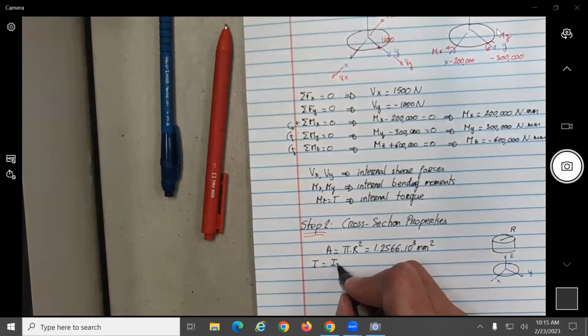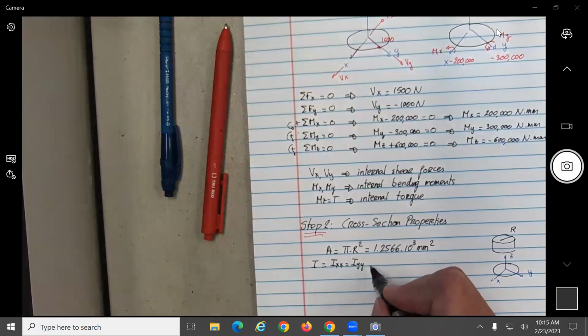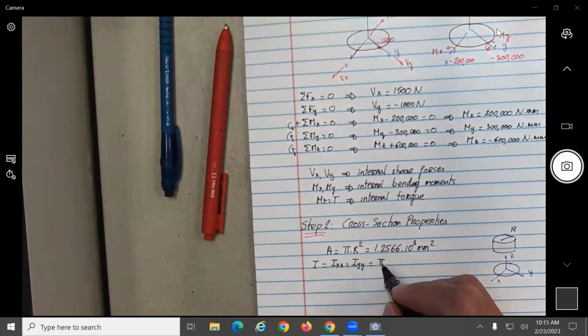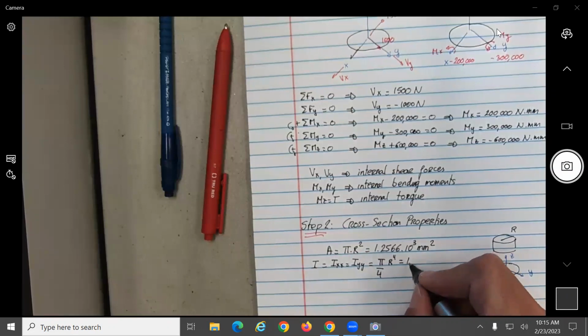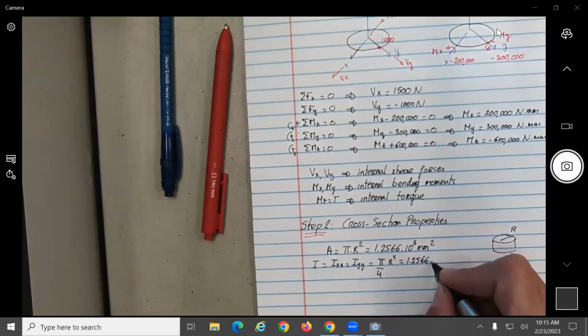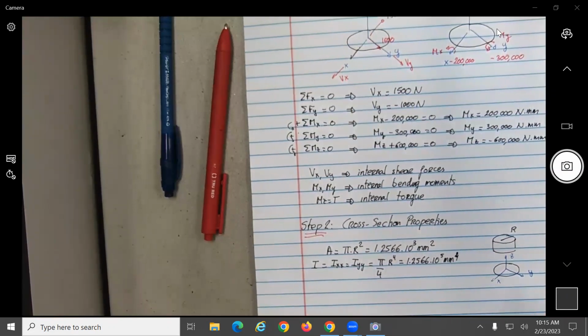That basically I_x will be equal to I_y, and I just call that one I. That one is pi over 4 r to the 4th, and this will give you 1.2566 times 10 to the 5th millimeters to the fourth. Check the values because you should have these values on your assignment.